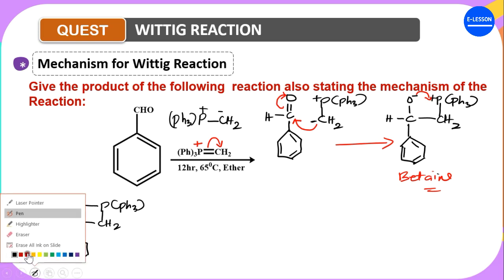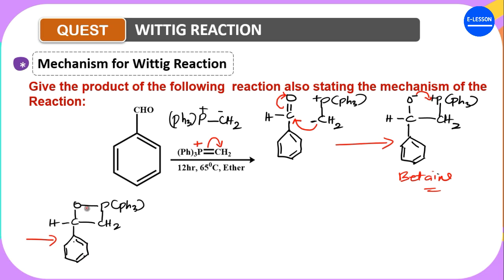At this point, we say the ring will collapse. When the ring collapses, what do you think is going to happen? This one will pack up here to form a double bond, while this one will pack in here.